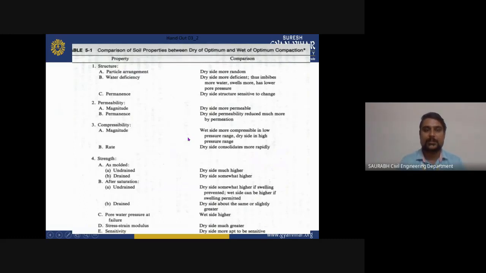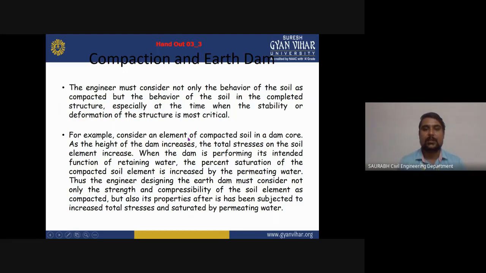Now there is some appendix which we took from the IS code. As you can see here, that is the comparison of soil properties between dry of optimum and wet of optimum compaction. Now we will see compaction of an earth dam, how it can be done and how it will affect the earth dam.